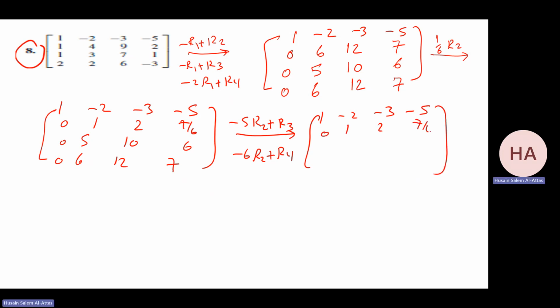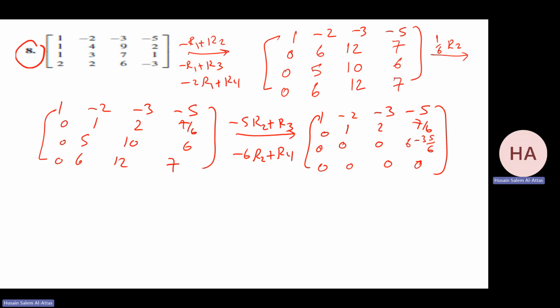And that will give me the answer. 1, 2, 7 over 6. Minus 5 and add, that will be 0, 0. Here I have 6 minus 35 over 6, which is not equal to 0, very clear. And that will be 0, 0, 0, multiplied by -6 here, and that will be 0.